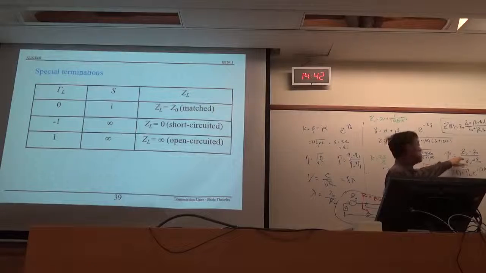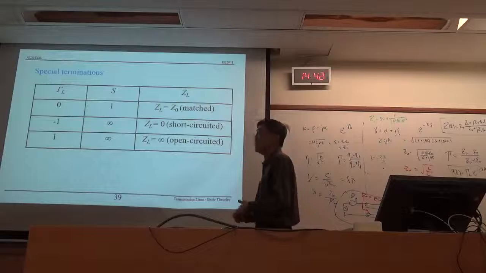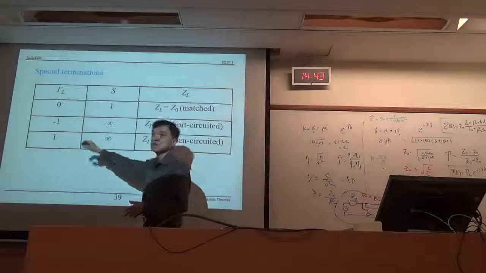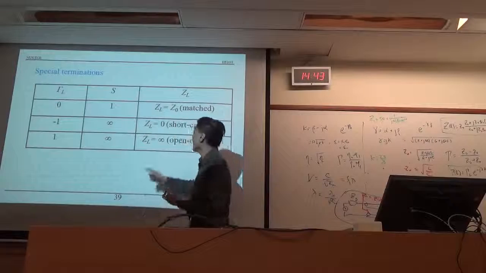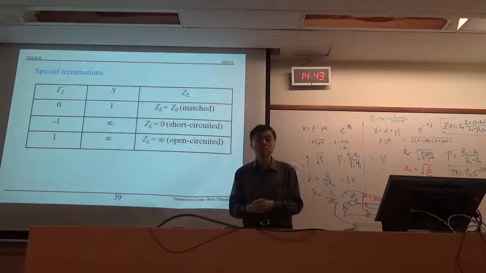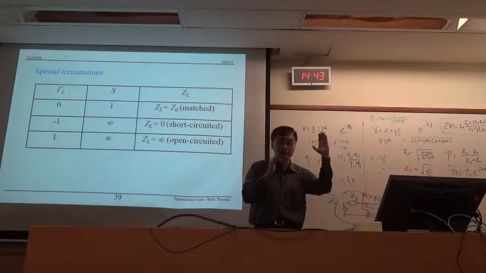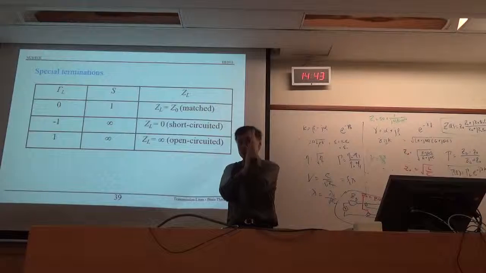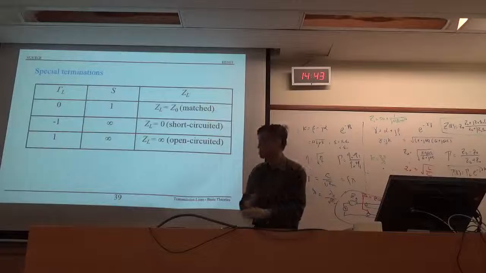Gamma L equals 0 when ZL equals Z0. When you get gamma L equal to 0, the standing wave ratio is equal to 1. And is there any standing wave? No standing wave. Because when the wave comes here and hits the load, since ZL is equal to Z0, all the power will be transferred, and there will be no reflections.